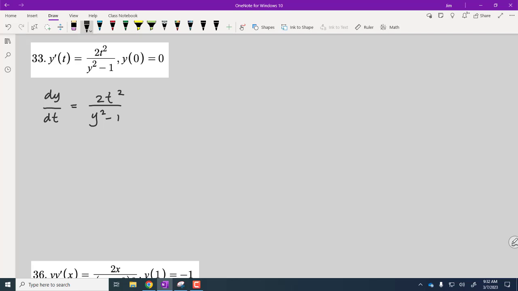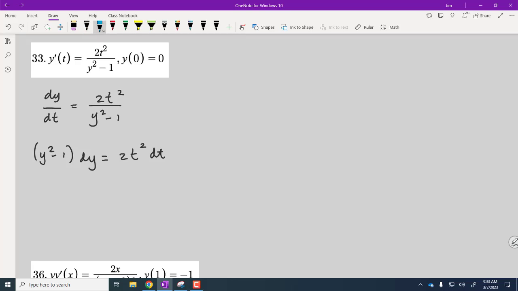Y is the dependent variable, and t is the independent variable in this case. This one is fairly easy to separate. We can multiply both sides by y squared plus 1. Multiply both sides by dt. It is now separated. All the t's, including the dt, are on the right. All the y's, including the dy, are on the left. So that is separation.